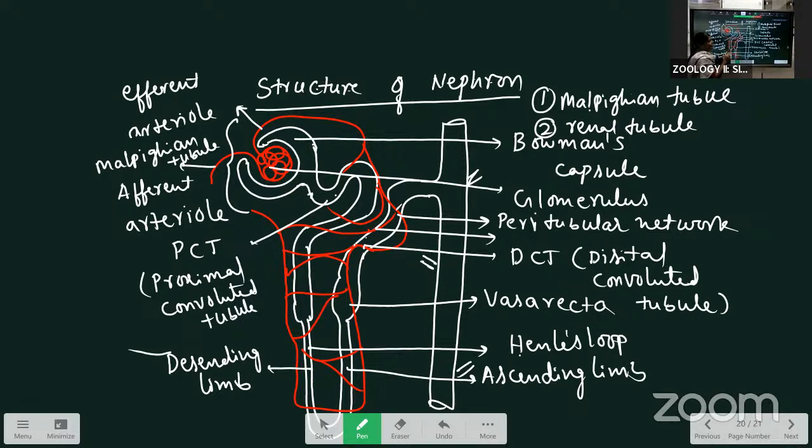As discussed before, inside the pyramid the collecting ducts of all the nephrons join and form the duct of Bellini. This is about the structure of the nephron.